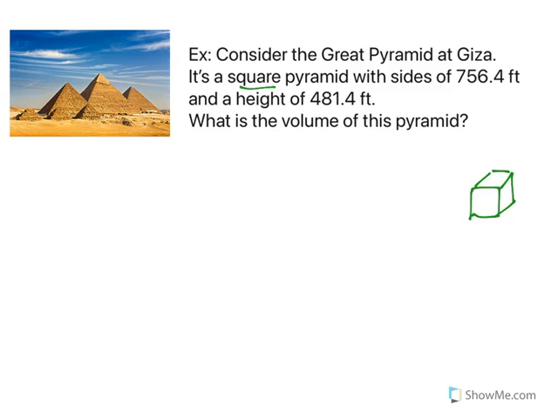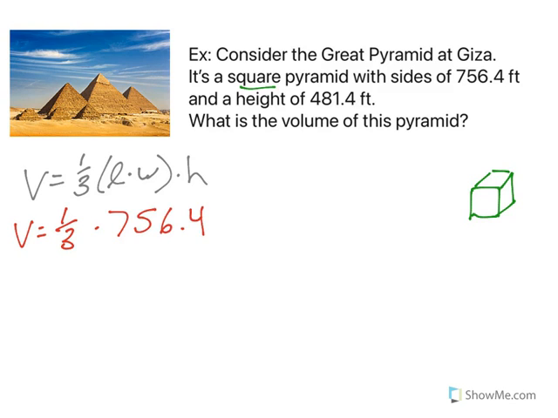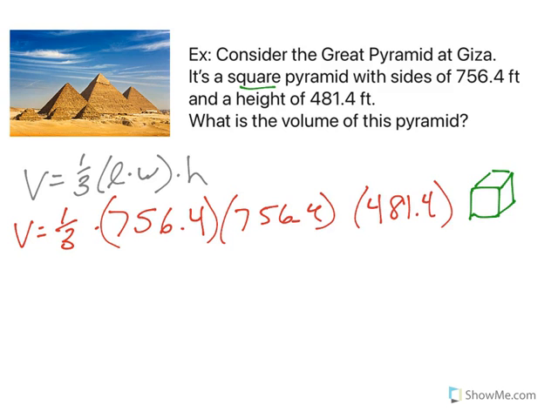Okay, so let's look at the formula. Volume equals 1/3 length times width times the height. Let's plug in our numbers. 1/3 times 756.4 times 756.4 times 481.4. Remember, each side is 756.4, so I need that twice. I multiply these three together, and then I divide by 3 for my 1/3.